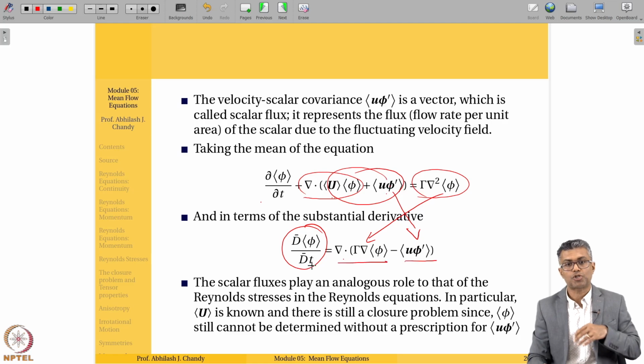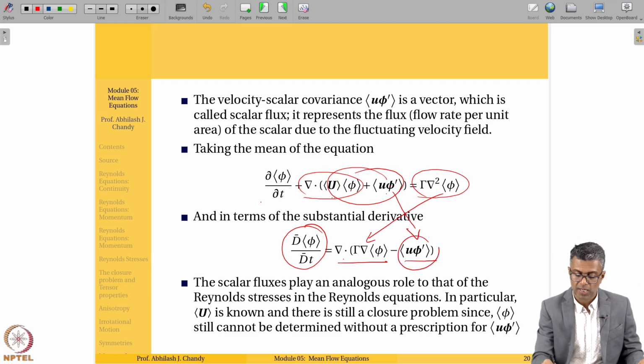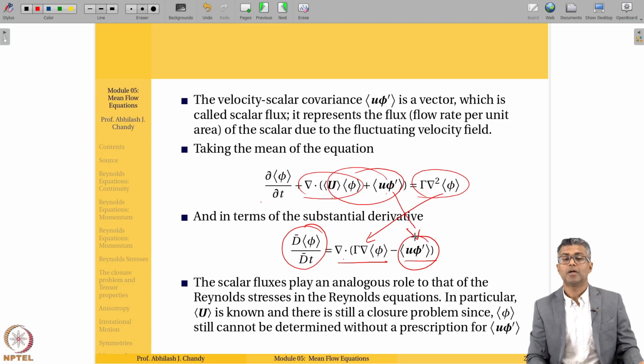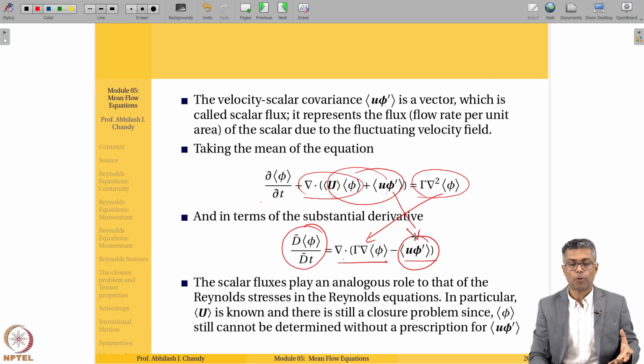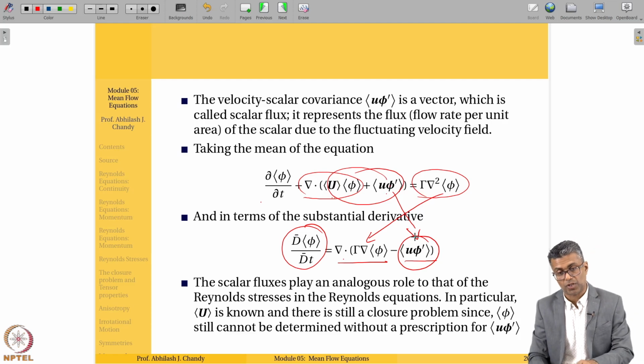As we saw in the Reynolds equations, the Reynolds stress term was an additional term that popped up when you have a turbulent flow. Here you have a turbulent scalar flux term that pops up when you do an averaging in a turbulent flow. Again, like the closure problem for the Reynolds equations, we also have a closure problem here, because u mean is coming from the Reynolds equation and phi mean is coming from this equation.